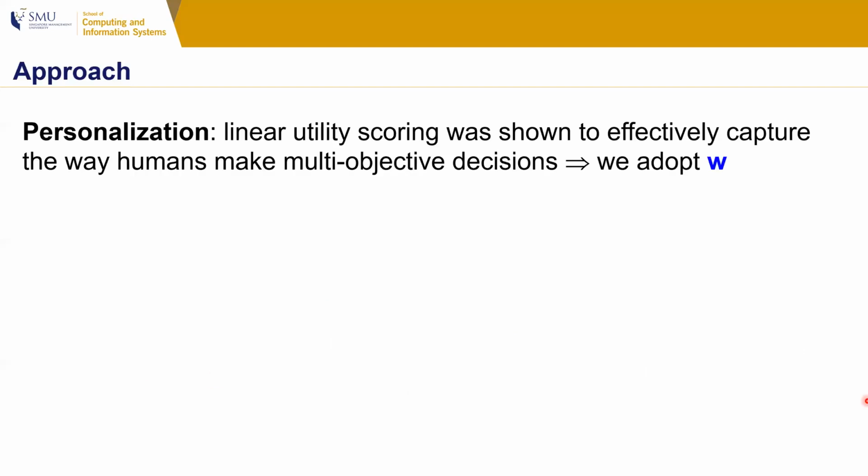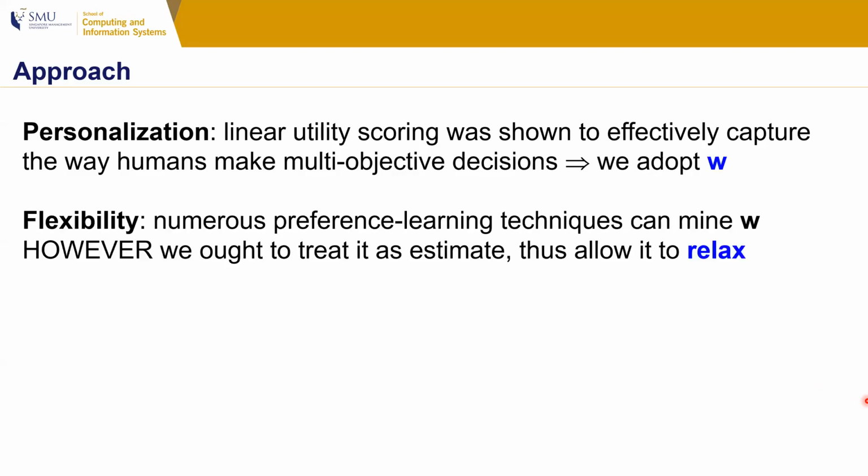So the approach that we take, first of all, in order to achieve our first strong requirement, that of personalization, is to employ utility scoring according to a preference vector W. There is a large variety of options in the preference learning area on how to mine it. So there are ways to mine it, but then we do not take it as rigidly as the standard top K query.